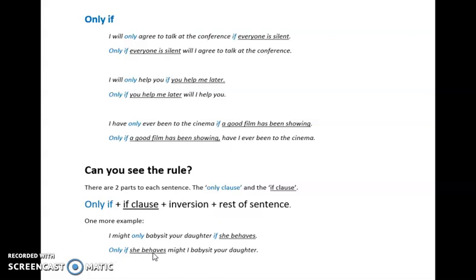Only if she behaves might I babysit your daughter. So I've got only if, I've also included my if clause, she behaves, I've got my inversion, instead of I might, I've got might I, and then I've got the rest of my sentence, babysit your daughter. I might only babysit your daughter if she behaves. Only if she behaves might I babysit your daughter.